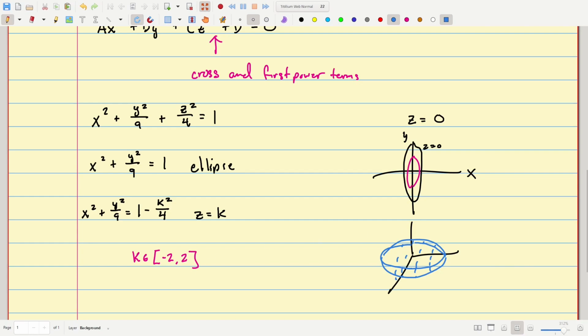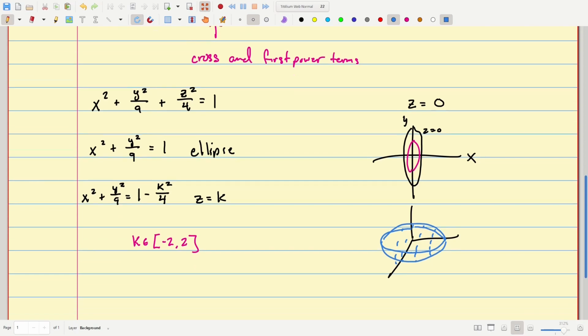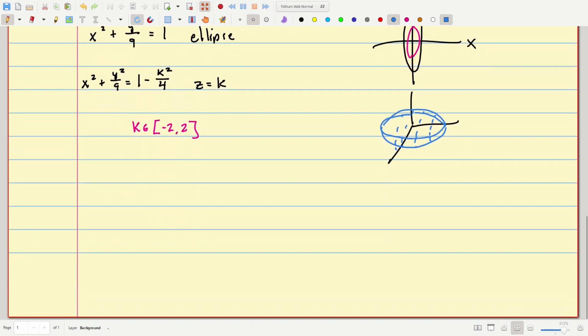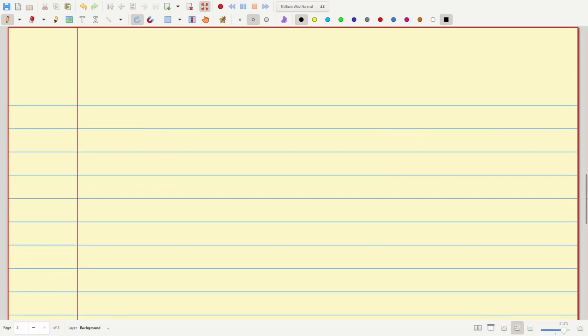Okay, so this is the general approach to this section. There are going to be different cases that you see. We'll be more specific about this.